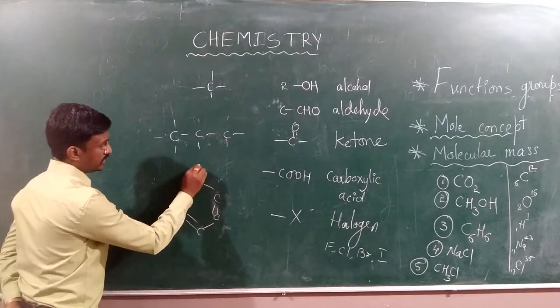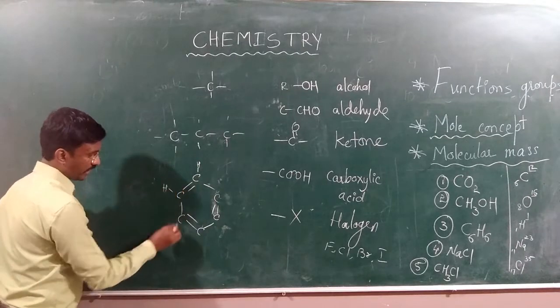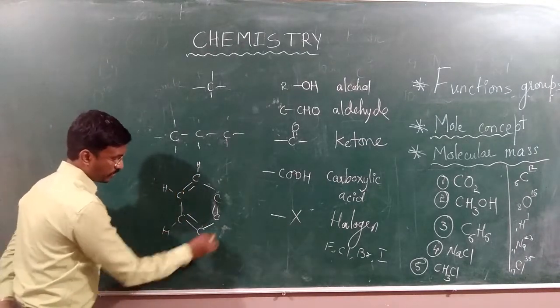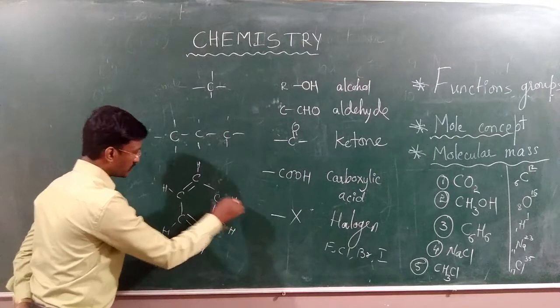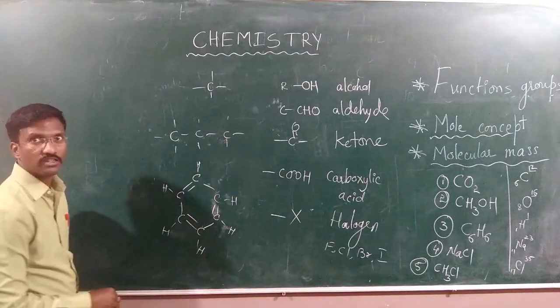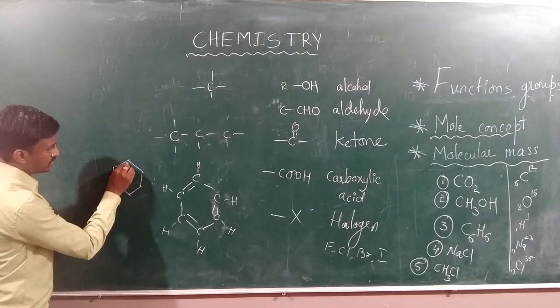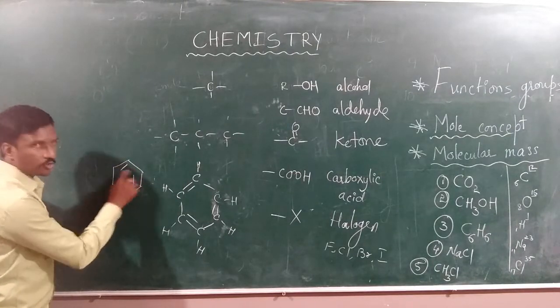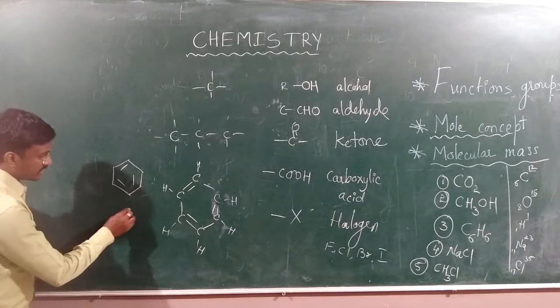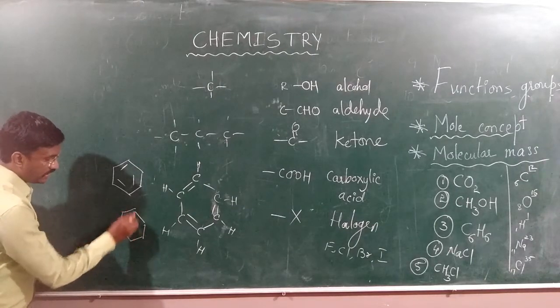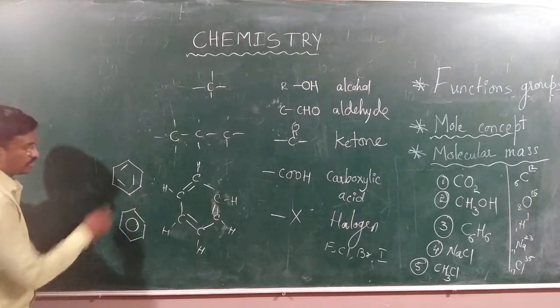Can you see here? Each carbon contains hydrogen. I hope you remember the structure. This is benzene. We may write this benzene in another form; both structures are the same. Here alternate double and single bonds are there, so it can be written in the form of a ring structure.